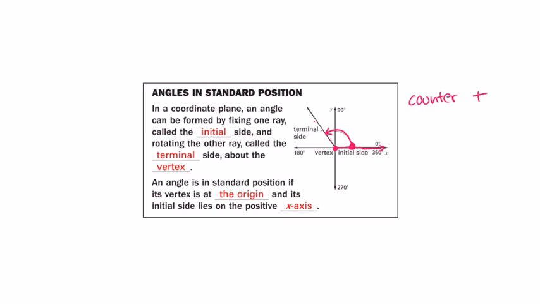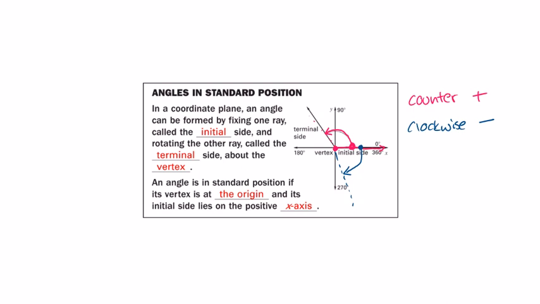And if instead my angle were starting on my initial side and then going to a terminal side here, and the arrow was going clockwise, the angle would be negative. Alright, so just keep those small notes in mind. Those aren't necessarily in your book.